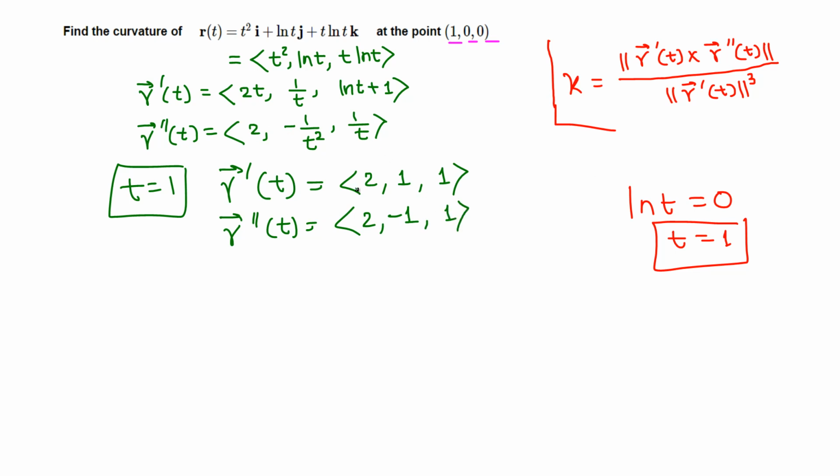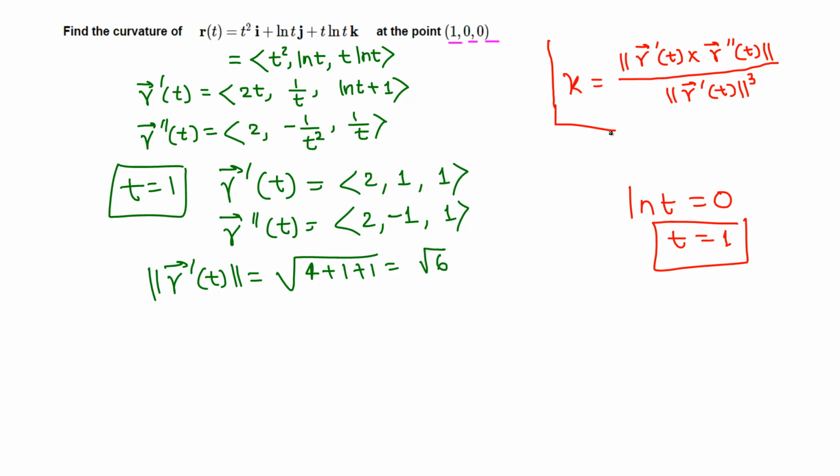Now we need to find the cross product of these two vectors, that's needed on the top, and we need to find the cross product's magnitude. Let's also find the magnitude of this vector, which is needed on the bottom: square root of 2 squared, 4, plus 1 plus 1, that's root 6.